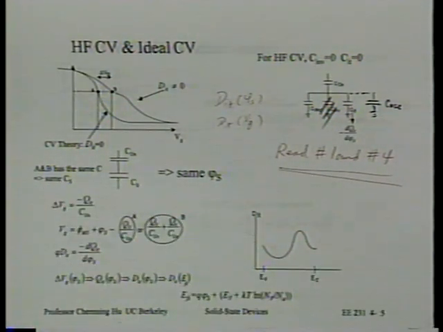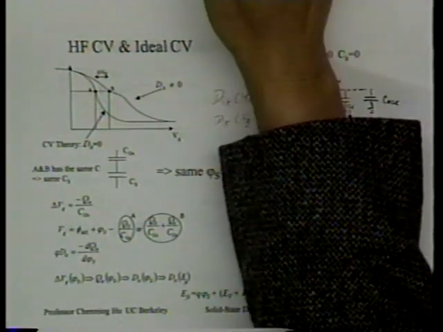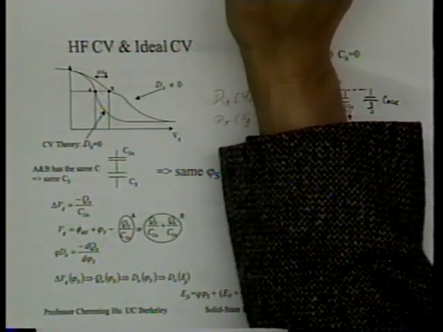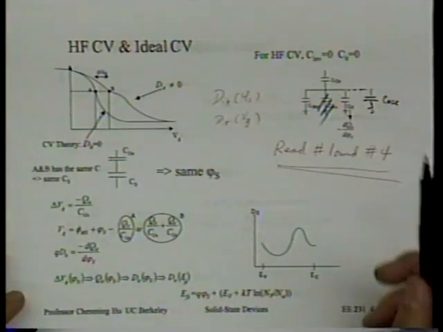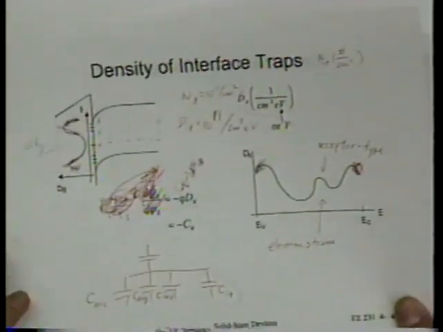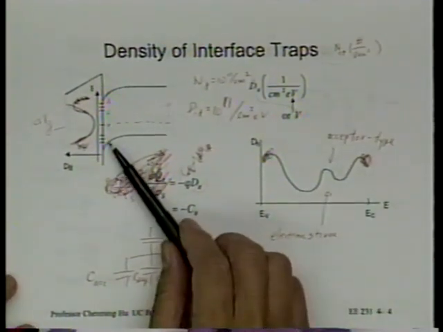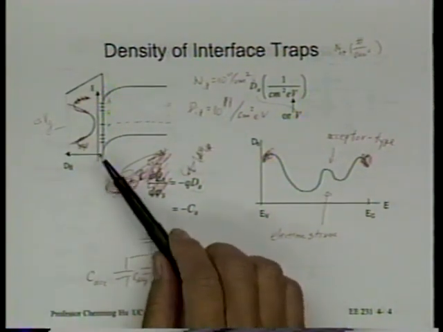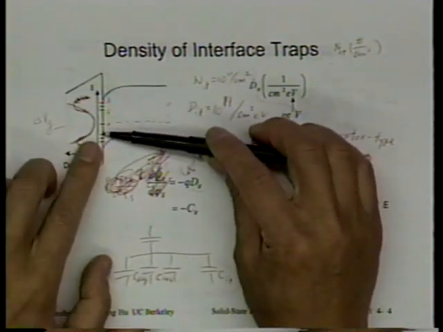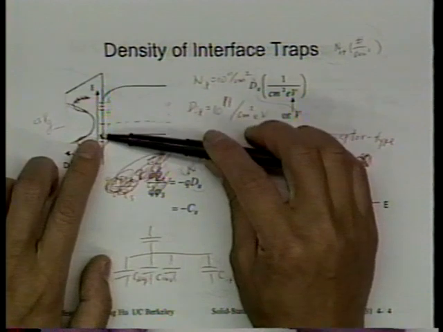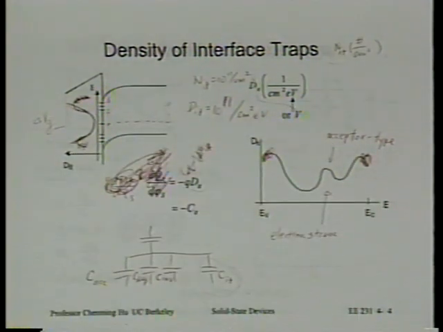But that's still a trap in the oxide, not in the semiconductor. You cannot see that. I am sorry. Thank you very much for pointing out. I was pointing at this particular curve. I said it is true that when the interface trap crosses the Fermi level, it will change state from having an electron to not having an electron.